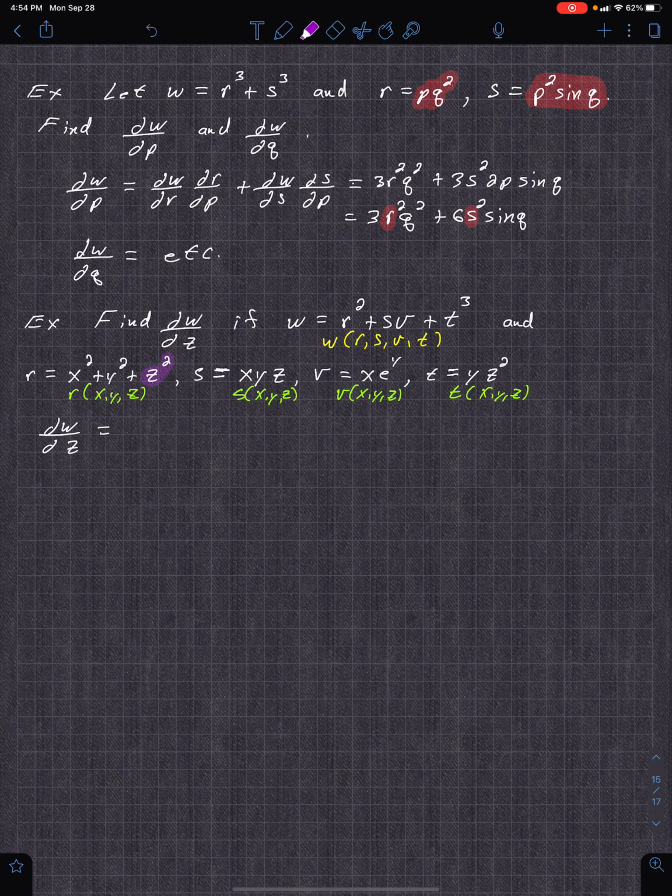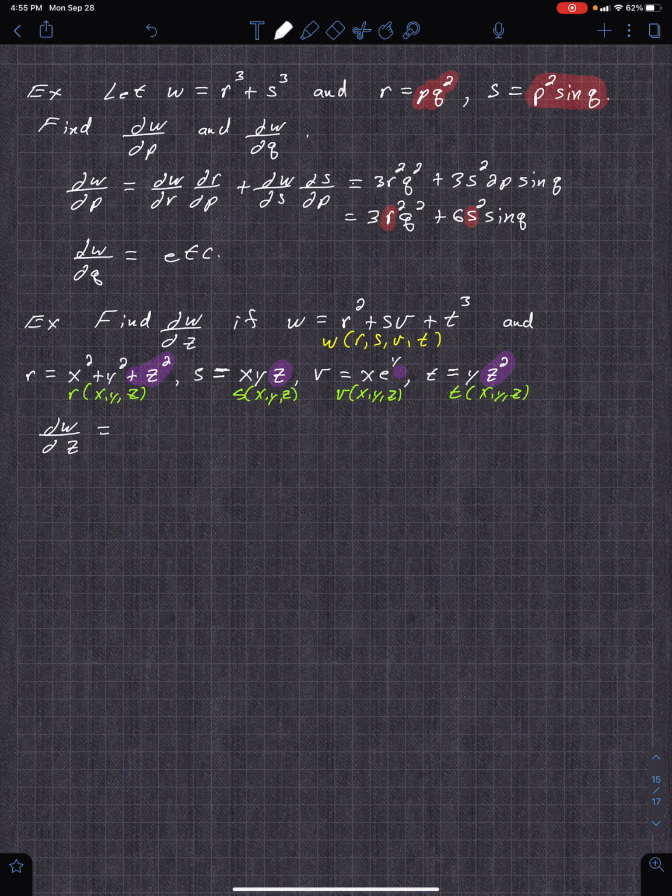All we're going to be looking at is all the way down to z. Where's our z function? Right here, and take the sine 2. Here's z. No z here, and then here's z. So when you get to the v, that's going to be 0. All right, let's take a look. So it's partial w with respect to r, partial r z, plus partial w with respect to s, partial s z.